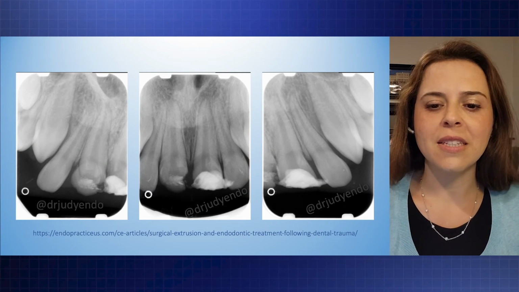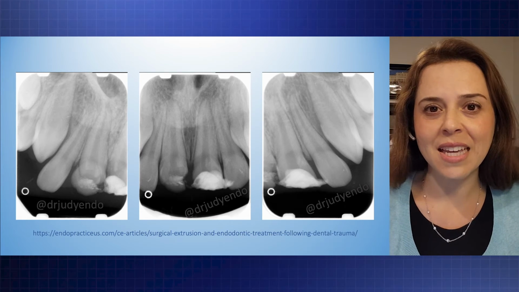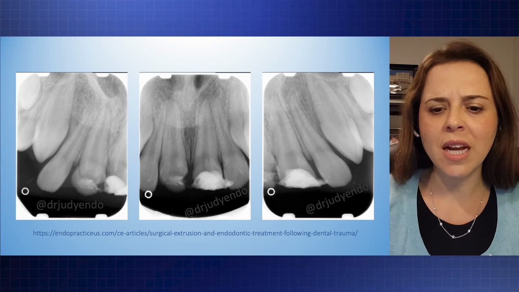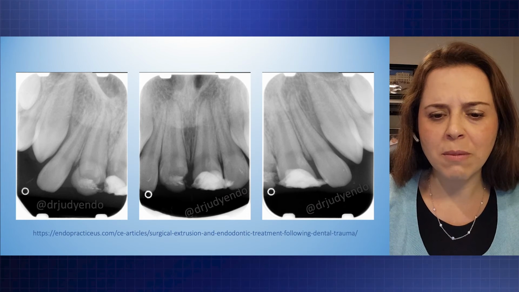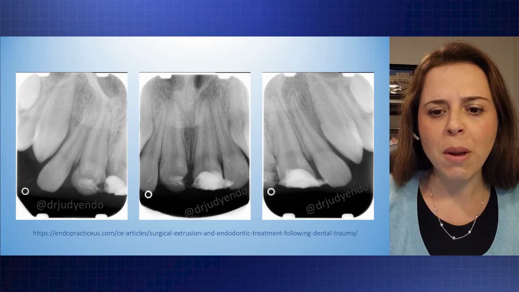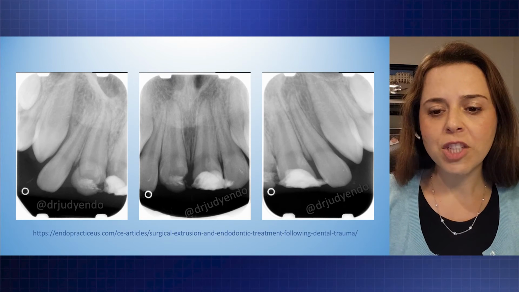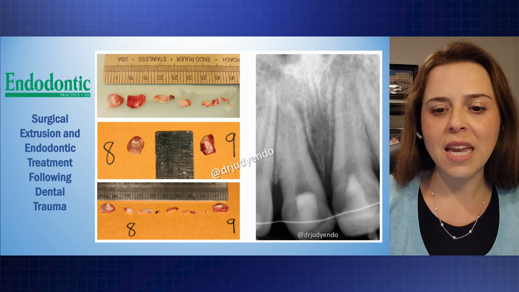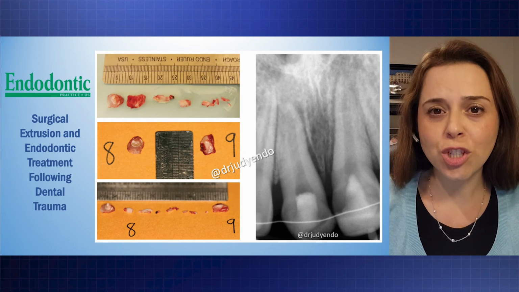Here's a case where I did take the angled films from a while back, and we can suspect that there are some fractures in the tooth. But I love sharing this case because I would have never suspected that it had so many shards within the tooth.